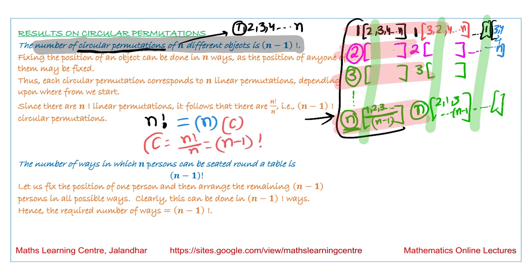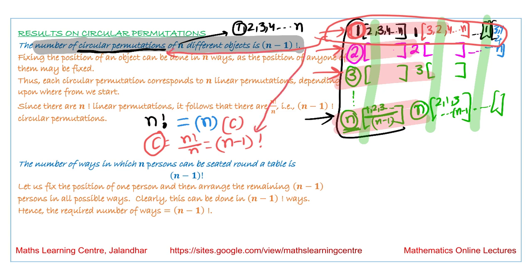And what this C is: if we fix the first position as 1, or as 2, or as 3, then all these elements correspond to the circular permutations, and the number of circular permutations we will have is (n minus 1) factorial.